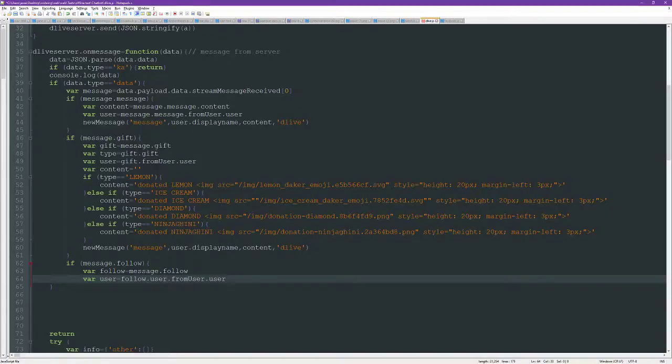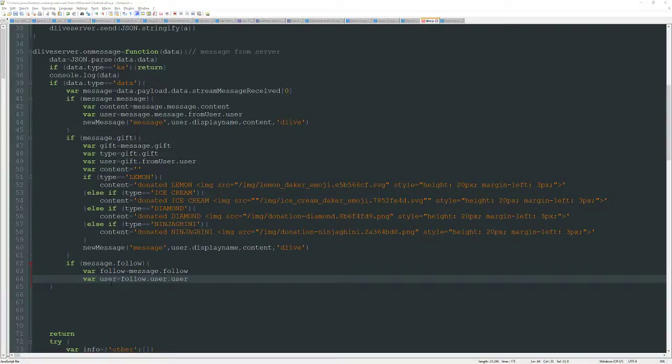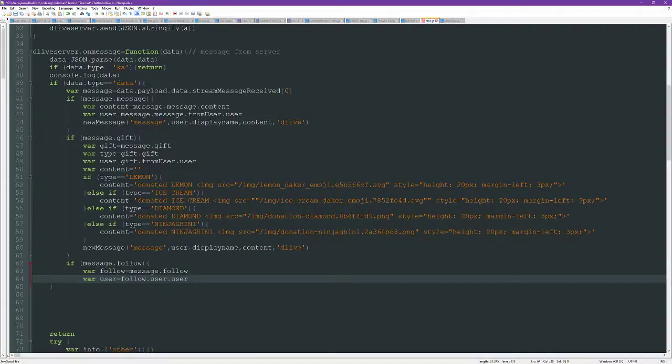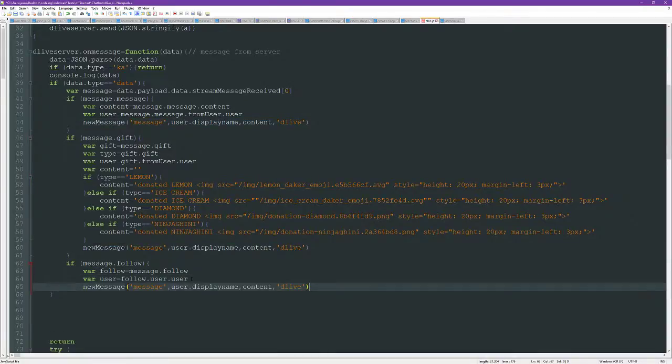Follow user. Where's the from user coming into this? It doesn't. Well, okay, if you want to be different, you can go right ahead and do that. Follow user, and then display name. You okay? Oh.